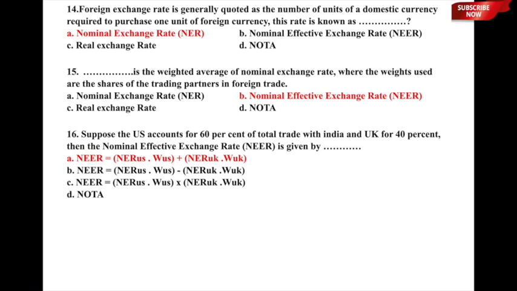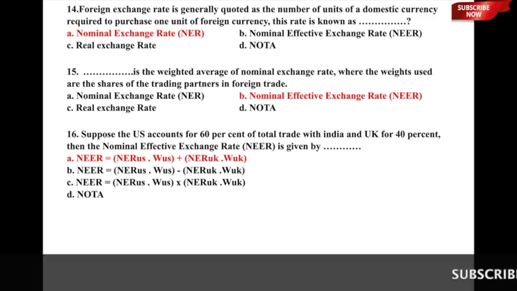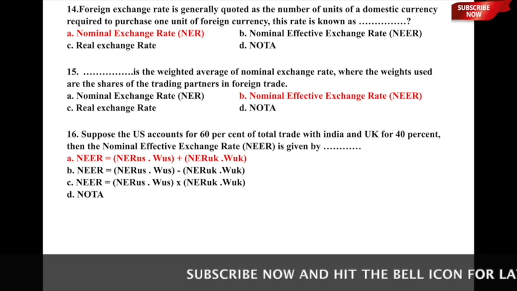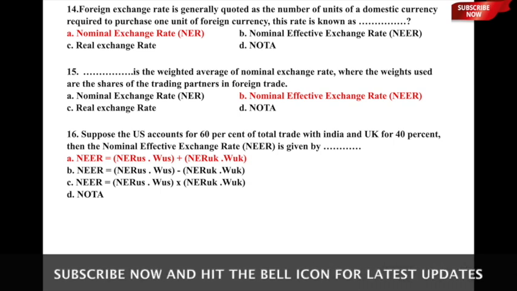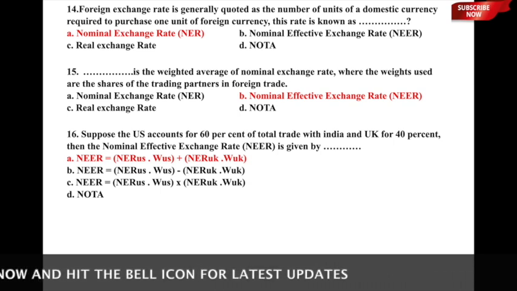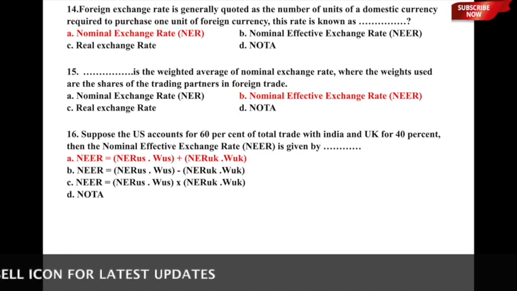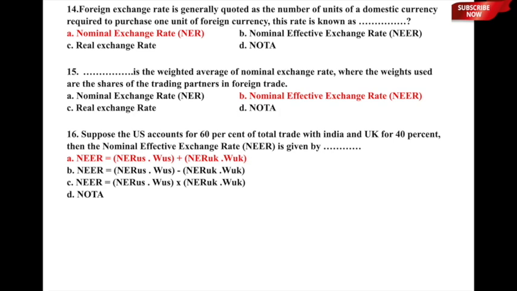Question number 14 is, foreign exchange rate is generally quoted as the number of units of a domestic currency required to purchase 1 unit of foreign currency, and this rate is known as what? The rate at which we are giving in domestic currency to purchase 1 unit of foreign currency is known as A, nominal exchange rate, B, nominal effective exchange rate or NEER, C, real exchange rate, or D, none of the above.